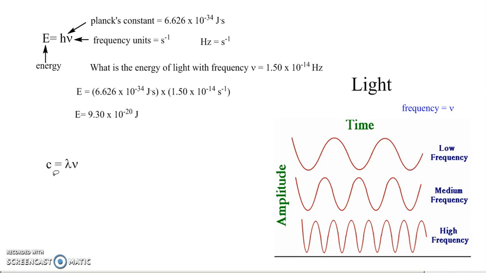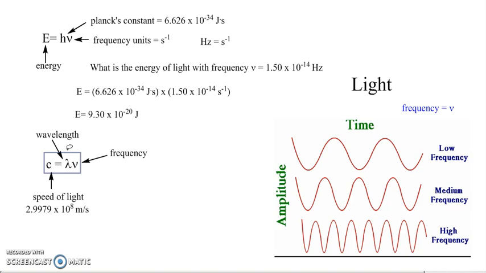And that relationship is c equals lambda times frequency, where c is the speed of light. And the speed of light is 2.9979 times 10 to the 8th meters per second. And that's equal to the wavelength times the frequency.